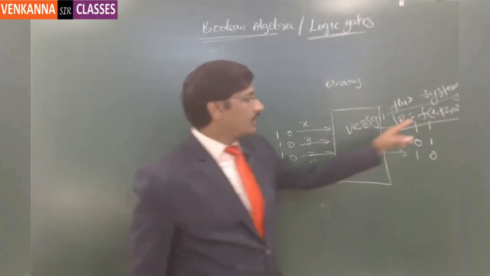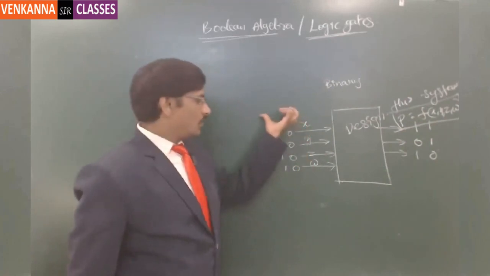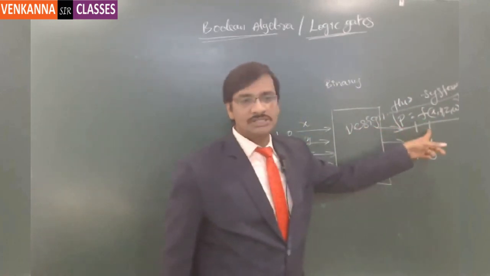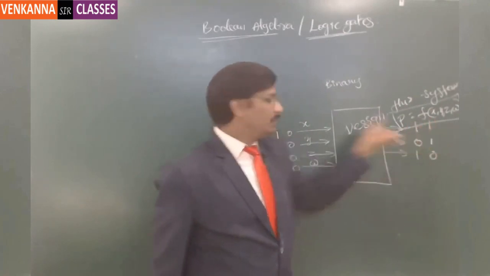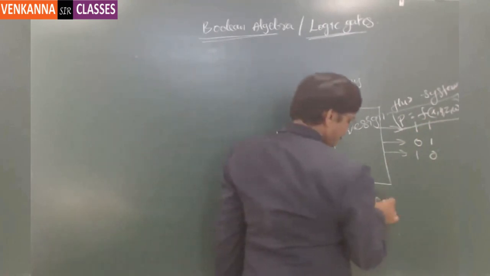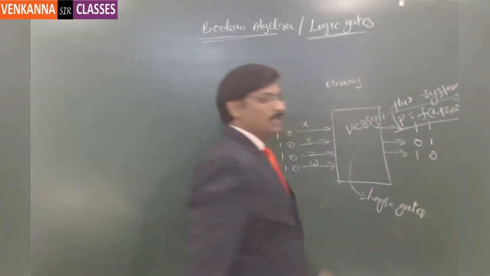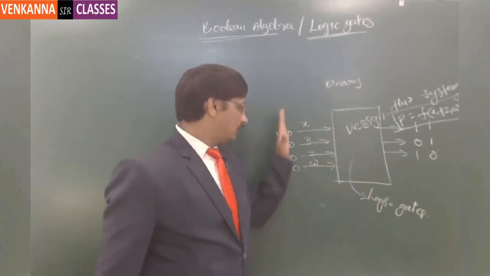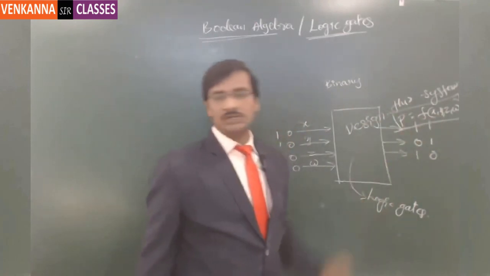You have to go through all these inputs and establish the functionality you expect. This functionality can be achieved by adopting logic gates inside, so that if you give this input, you get this output with the help of these logic gates.